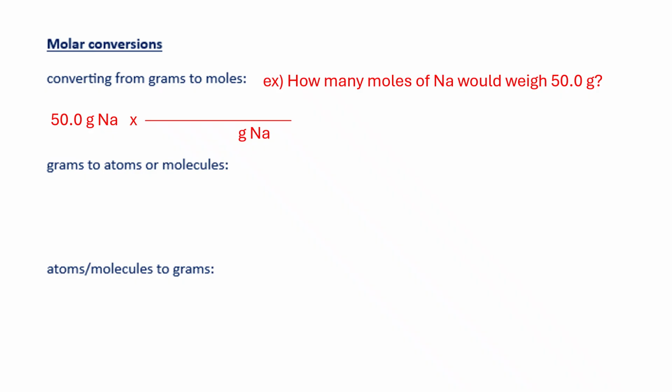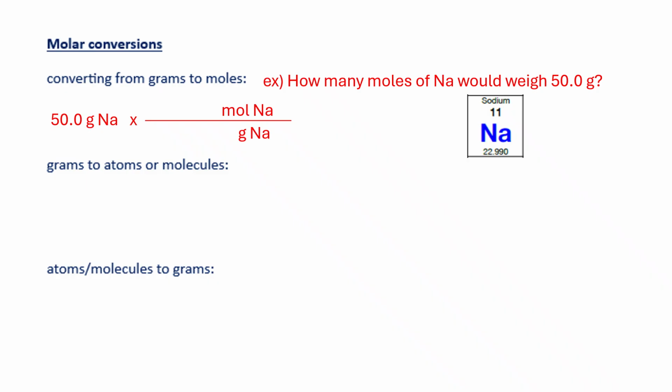So it's going to have to go on the bottom of the fraction that I'm multiplying by, right? And then since the question is asking me how many moles of Na, that means moles of Na would have to go on top. So that in a second, when I multiply across the top and divide by what's on the bottom, grams of Na will cancel because it is both on top and bottom. Now, if I look at a periodic table, I can figure out the numerical relationship between grams and moles of sodium.